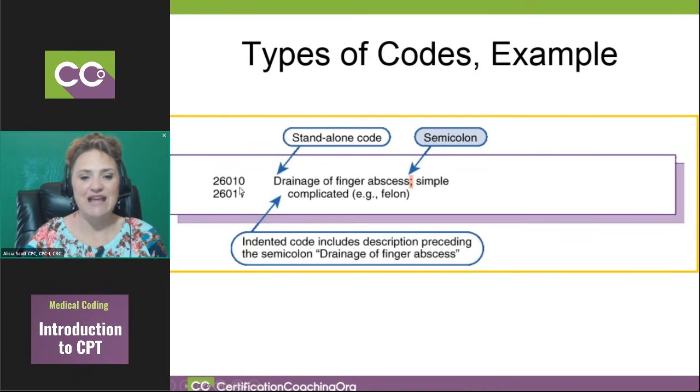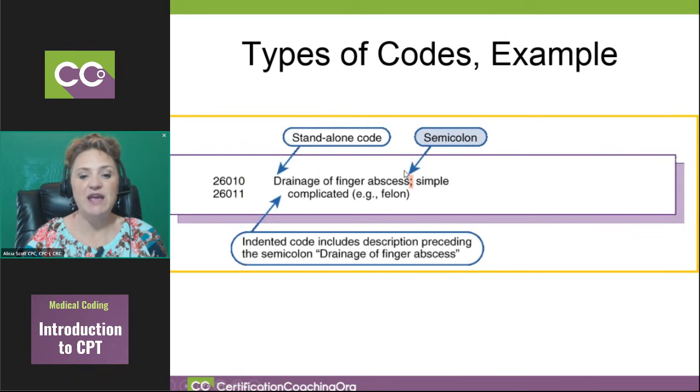So other code examples, types of codes: you've got 26010, drainage of a finger abscess. There's the semicolon, and then you would highlight simple, complicated. What we're saying is that 26010 is strictly for drainage of a finger abscess, simple. But if it's not simple, if it's complicated, it would be 26011.